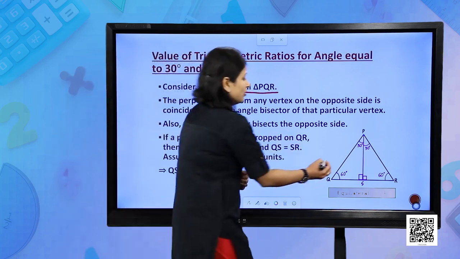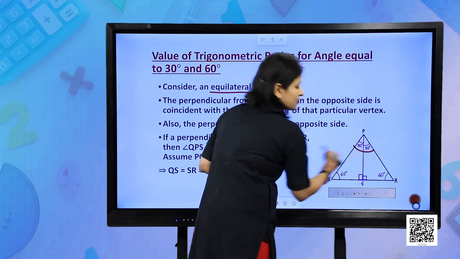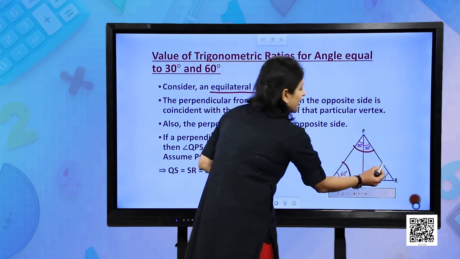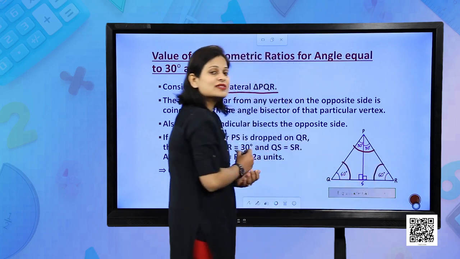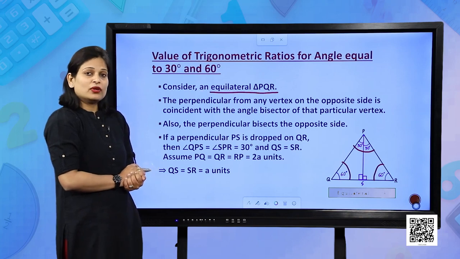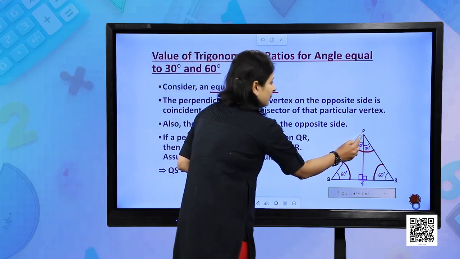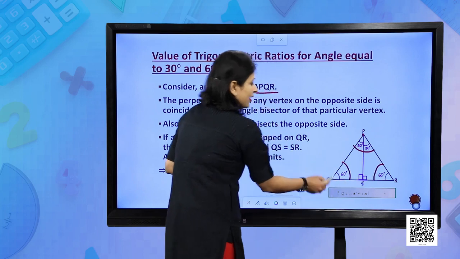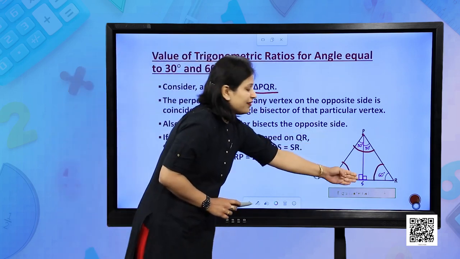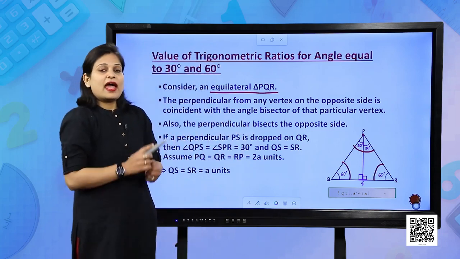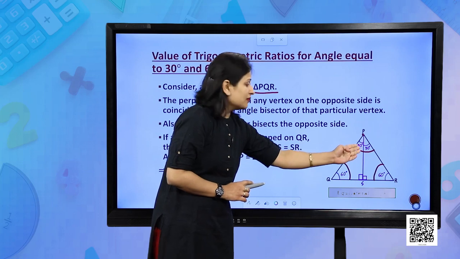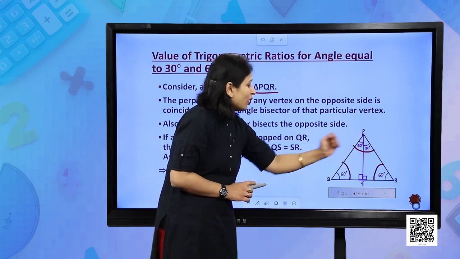So, that means angle P is 60 degree, angle Q is 60 degree and angle R is 60 degree. Now, we will drop a perpendicular from vertex P to the opposite side QR. Now, PS will be the perpendicular and the perpendicular will bisect these angles. Angle P, what will you get?